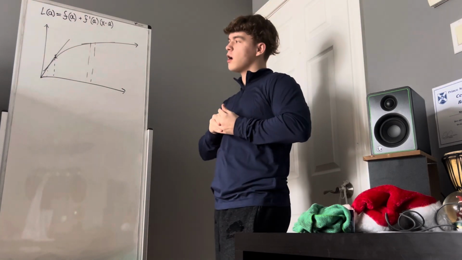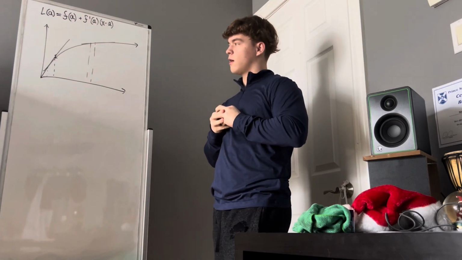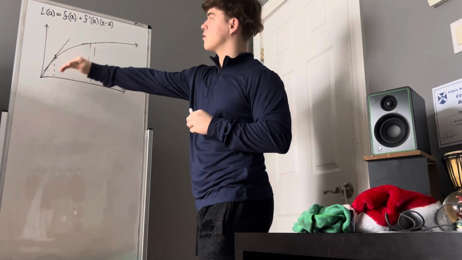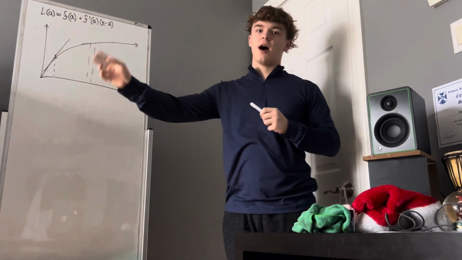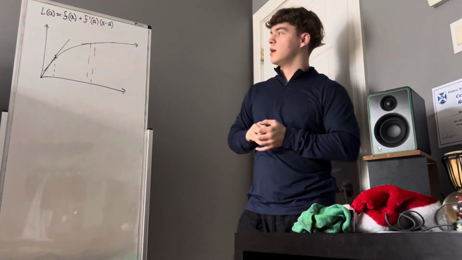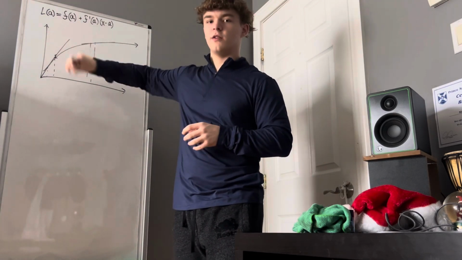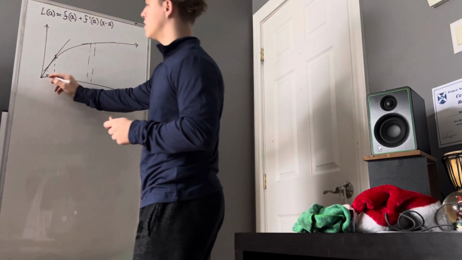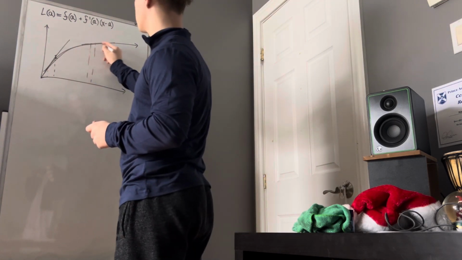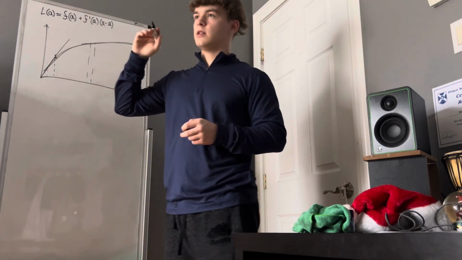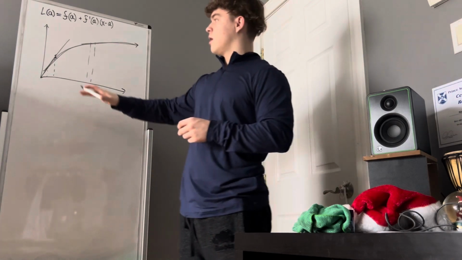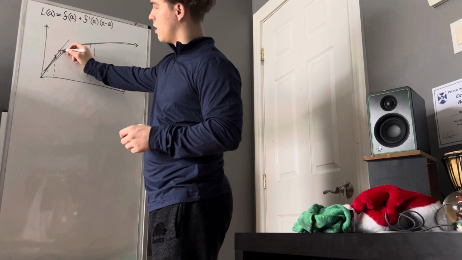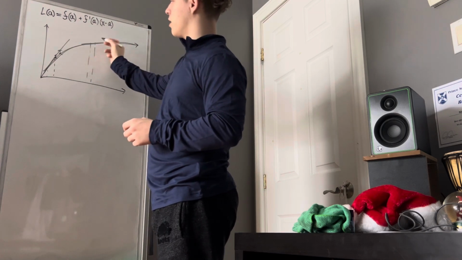So, what can we say about this? Well, the concavity decreases over time. So a high concavity means a higher margin of error. But also, you can notice that this is always concave down. Always concave down means we're always going to overestimate with our linear approximations.